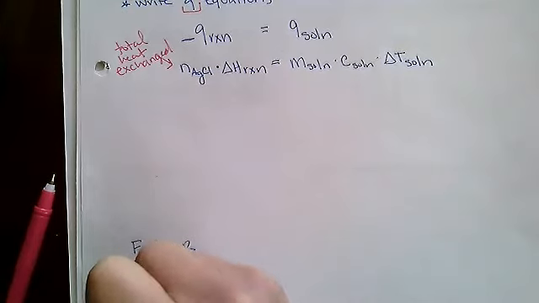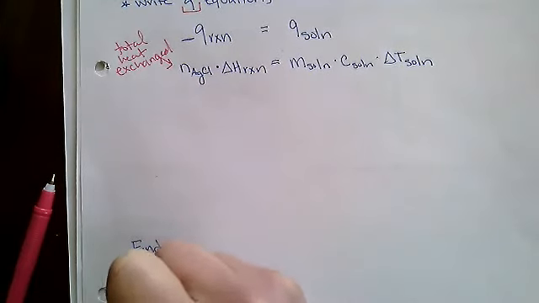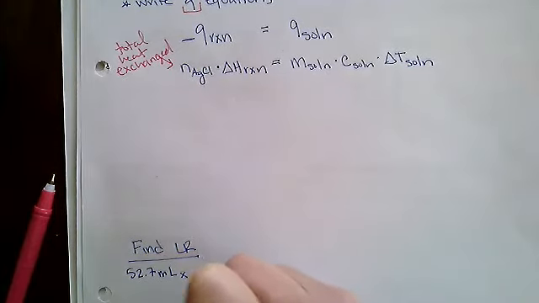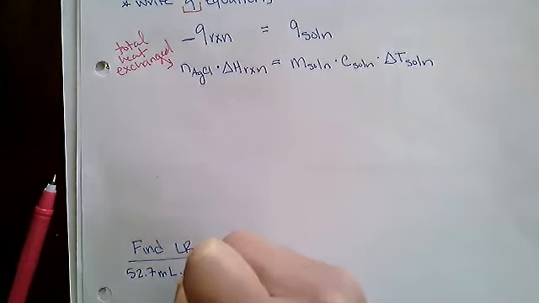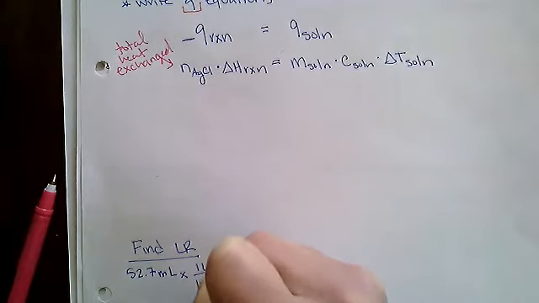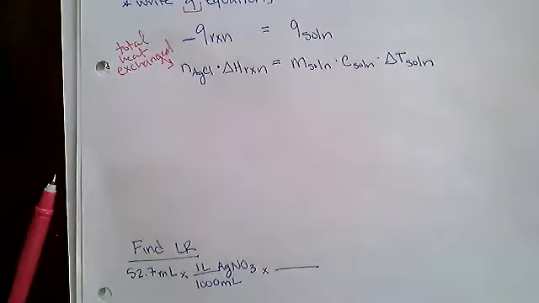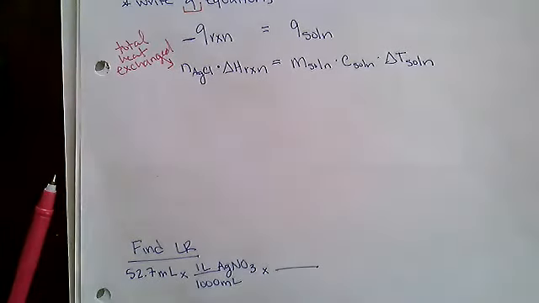So basically 52.7 milliliters, let me get that into liters, of silver nitrate. And that silver nitrate is 0.1 molar.